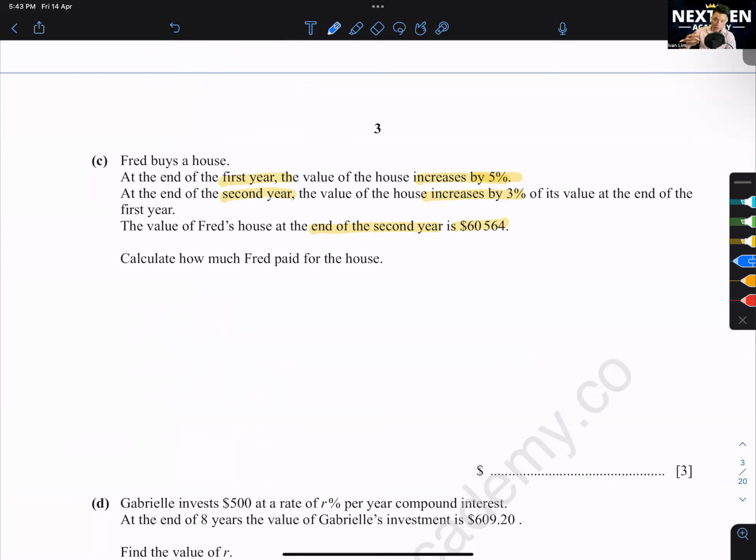If increase based on first year, then second year increase, first year based on the original value, second year based on the previous year. Okay, we need to remember that the formula is like this. Ori value multiply by 1 plus R over 100, then multiply by 1 plus R over 100, as many times as you can multiply lah, then equals to the final value here.